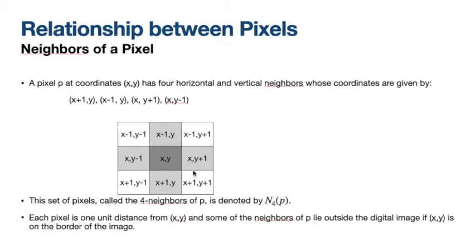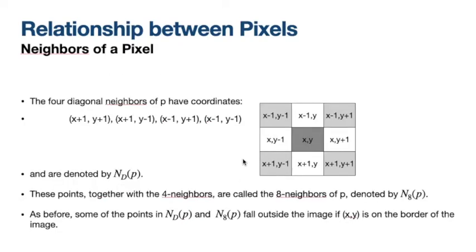The neighbor can lie outside the image also. Then that was about 4 neighbors.